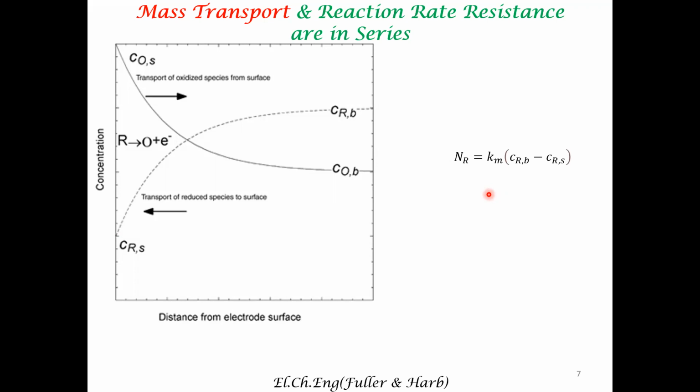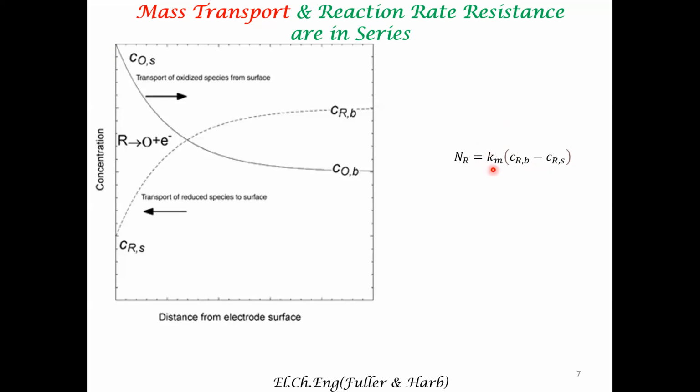It's a simple equation wherein we denote, for example, in this case, the flux of reduced species as given by a mass transfer coefficient times this, which is a larger number, minus this, a smaller number, so this would be a positive quantity. A mass transfer coefficient is also a positive quantity. The overall flux is given in this manner.